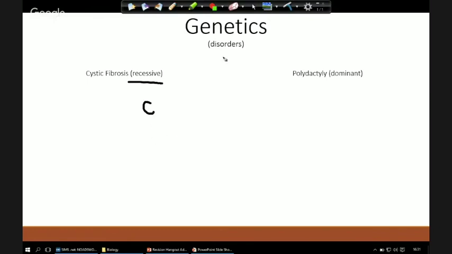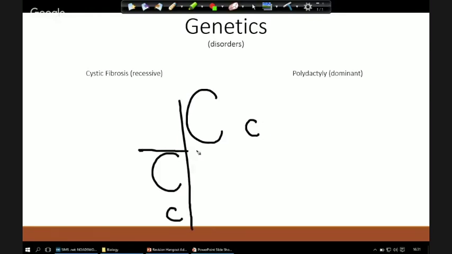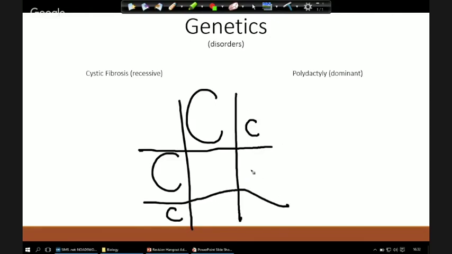So let's take some examples. If you had two parents that were not sufferers of cystic fibrosis, but were carriers, they would look like this: big C, little c, big C, little c. We know that they are not sufferers from it because it must be on the recessive, and they've got a dominant allele each, so that one will always come through.